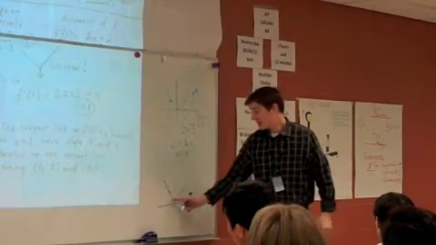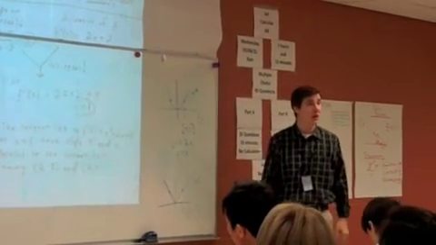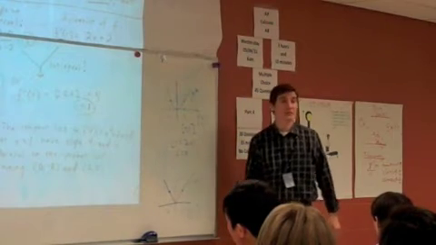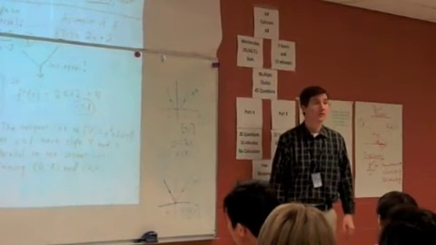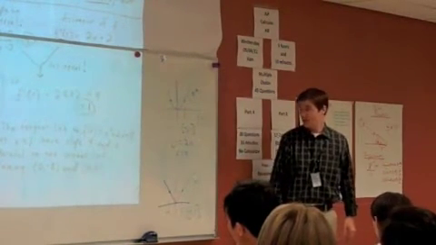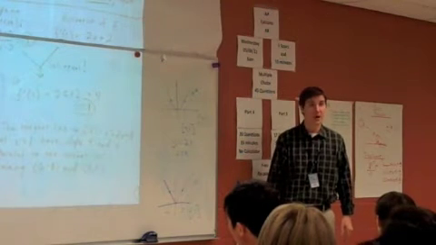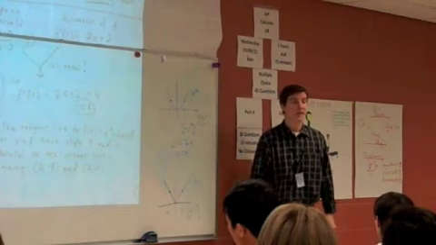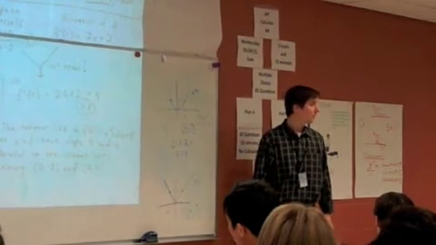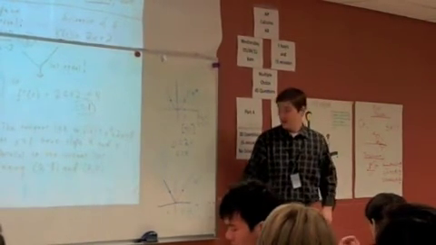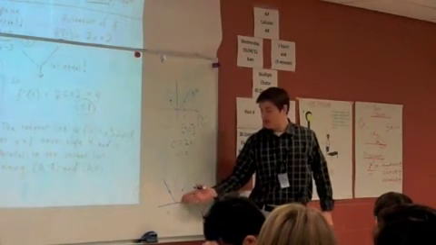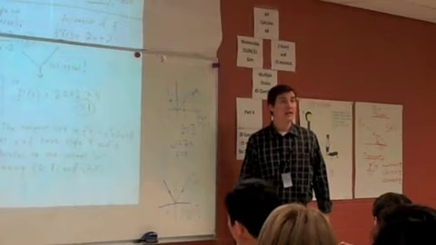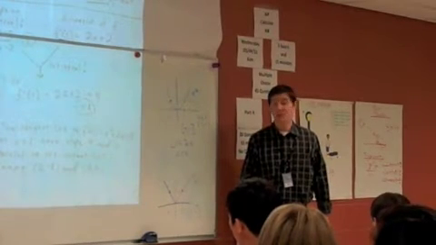On the same interval, -1 to 1, the average rate of change is 0 again. But where on this interval is the derivative equal to 0? Never. This is all -1, and this is 1. It never equals 0.